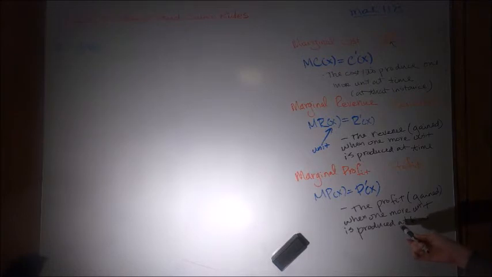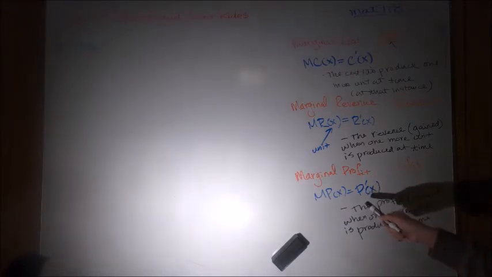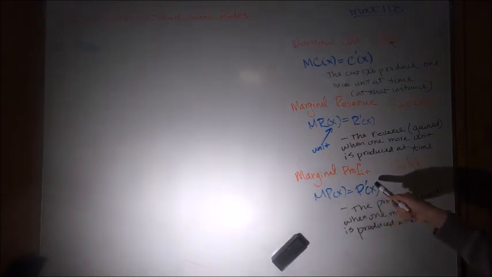Does that match with your business class? You have learned about marginal profit. When you produce one more unit, what kind of profit will you gain marginally? That has the same meaning as our math on what? The prime, right?